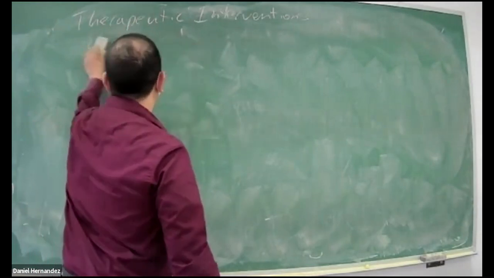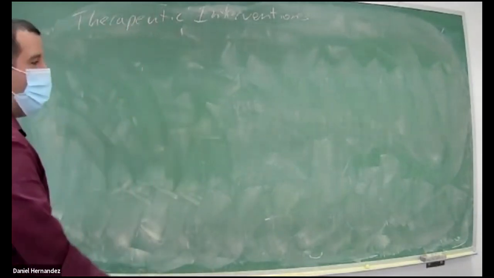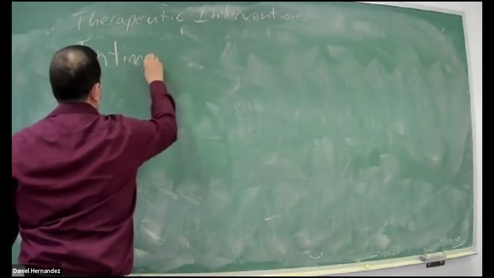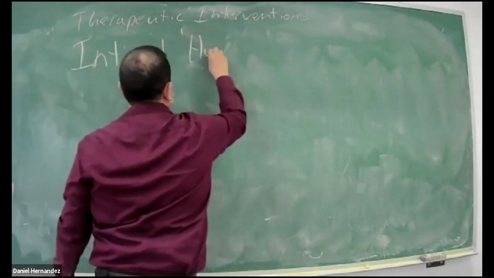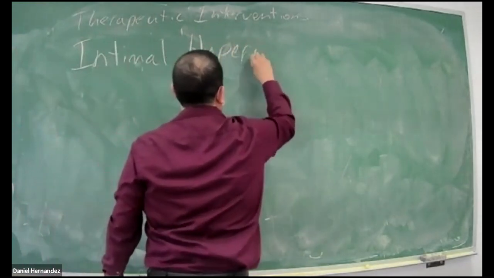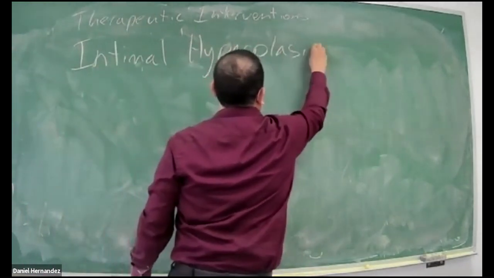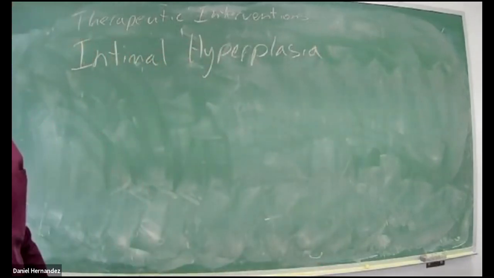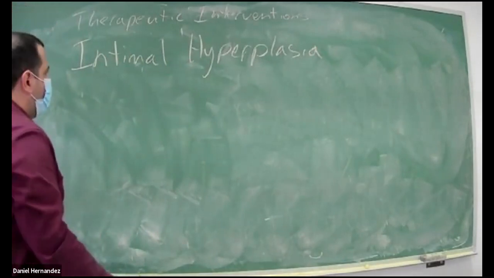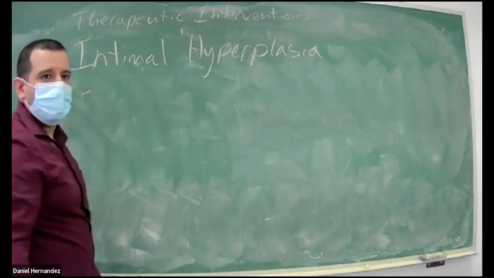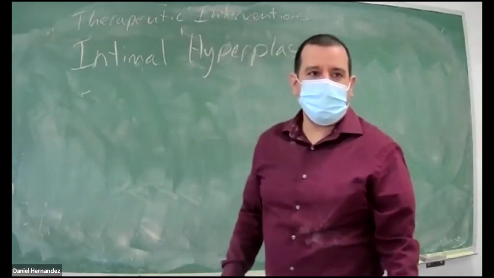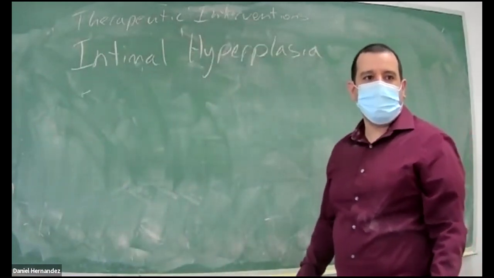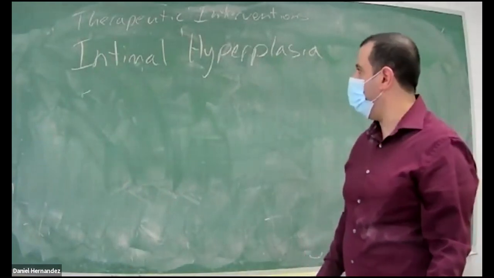So like I said, there's a condition that's called intimal hyperplasia. This is a thickening of the tunica intima of a blood vessel as a complication of a reconstruction procedure or endarterectomy.